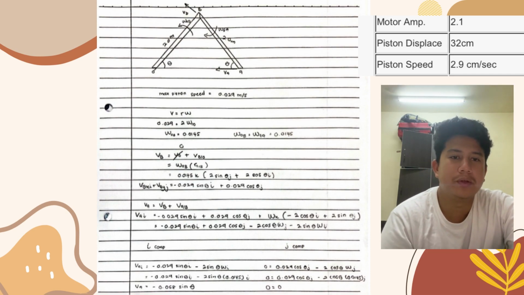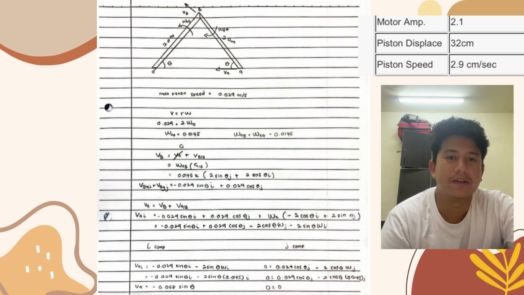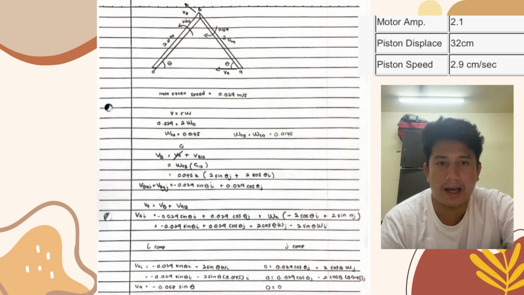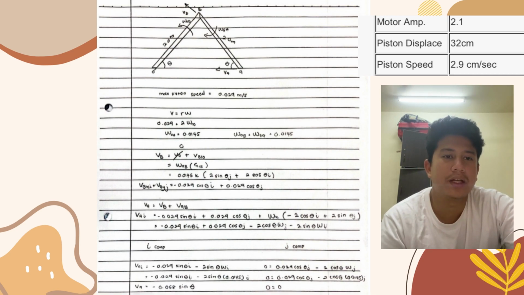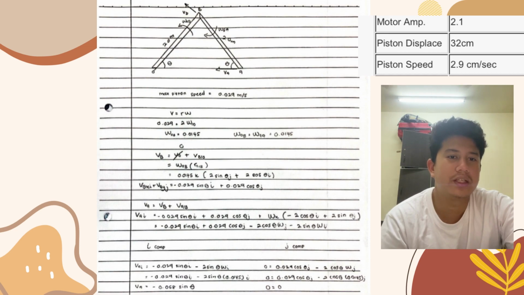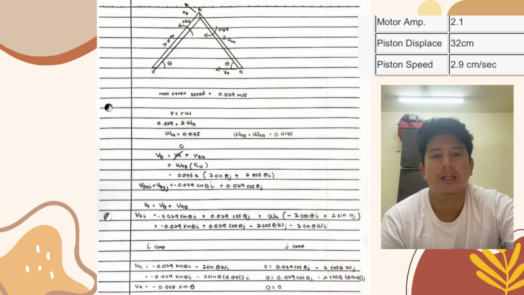And we can distribute it into I component and J component. For the I component, we have the VAXI equal to negative 0.029 sin delta I minus 2 sin delta omega AB. As we know, omega AB is equivalent to omega OB, which is 0.0145. So we include that in the calculation, and we got the final answer of VA as negative 0.058 sin delta.